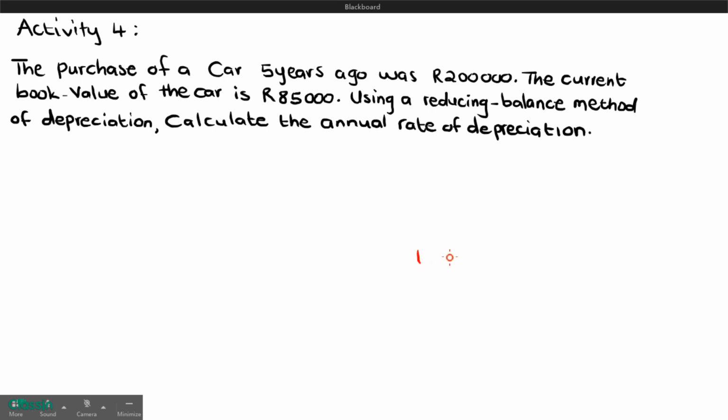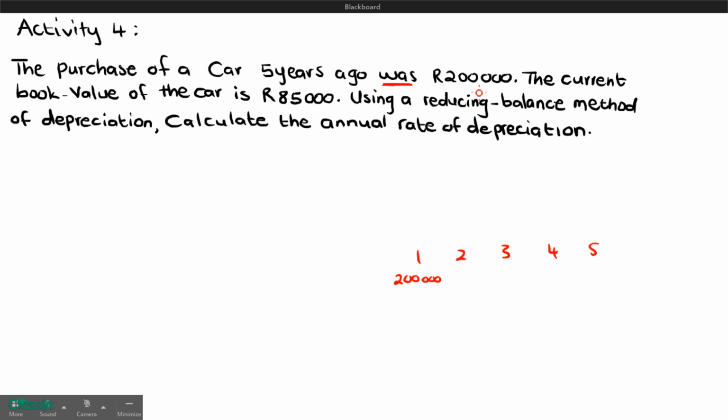So you've got 1, 2, 3, 4, 5 years. So now we are going to check. There is a word which is the past tense, was. Initially, the car was 200,000. Where is your initial year? If you are talking about 5 years, it means that the car was 200,000 here.